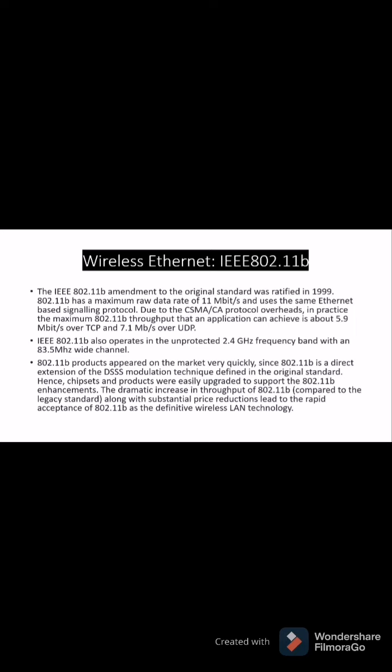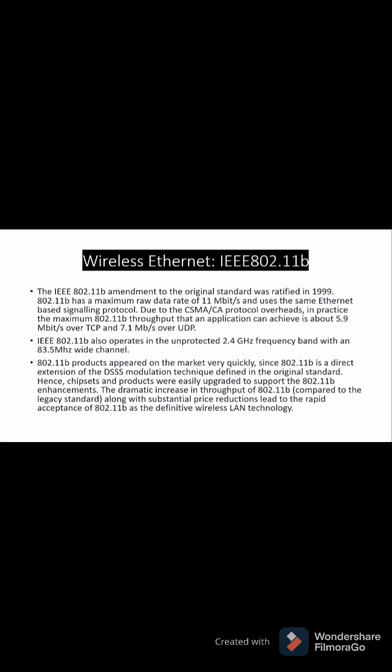Due to the CSMA/CA protocol overheads, in practice, the maximum 802.11b throughput that an application can achieve is about 5.9 Mbits over TCP and 7.1 Mbits over UDP. It also operates in the unregulated 2.4 GHz frequency band with an 83.5 MHz wide channel.